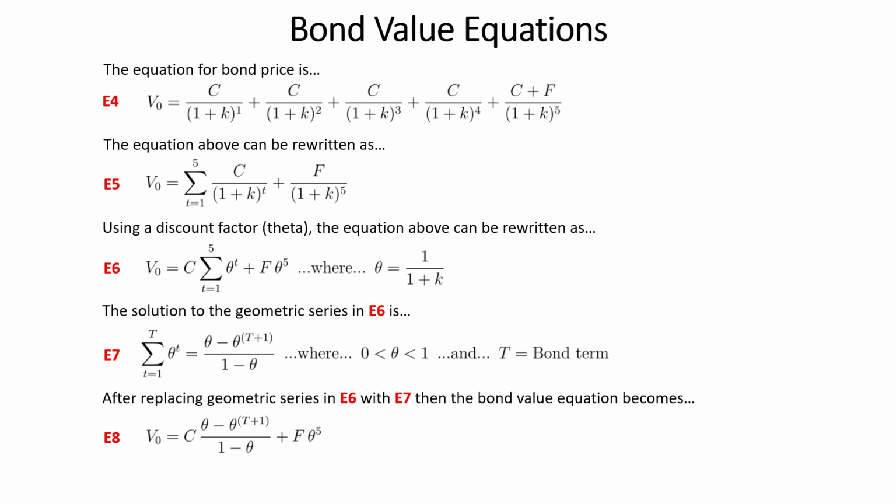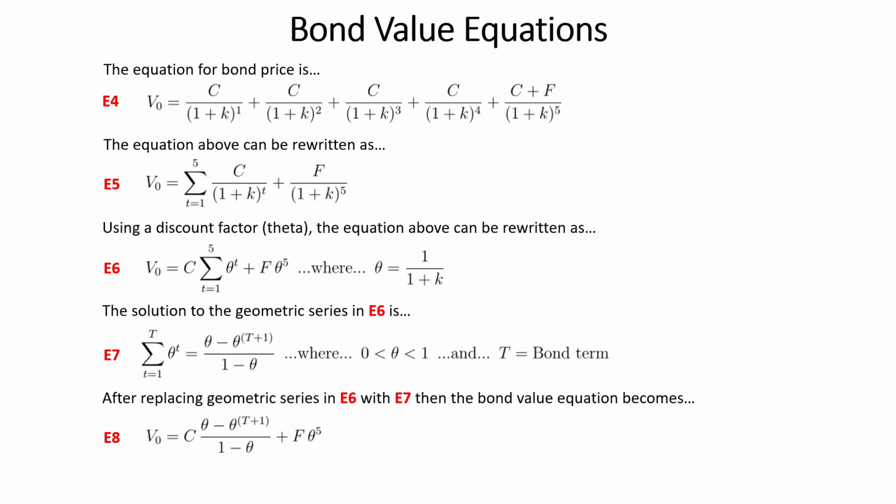That says that if I'm adding up theta to the t power, in other words I go to that summation symbol and note that I start at 1 and the superscript says I end at capital T, which is the bond term, then rather than sitting there with the calculator taking theta to the first power, adding theta to the second power, adding theta to the third power, et cetera, there's a closed form solution to that summation.